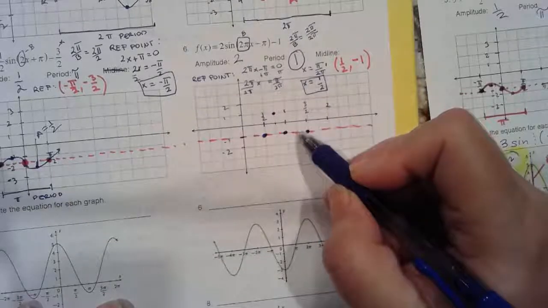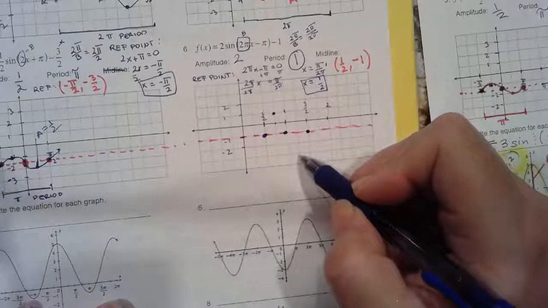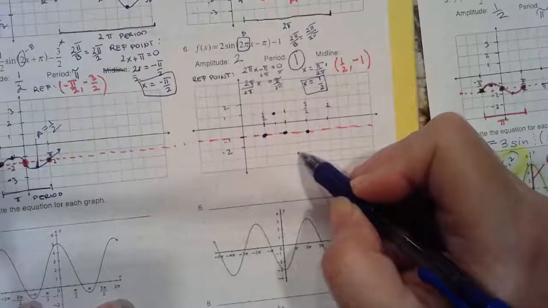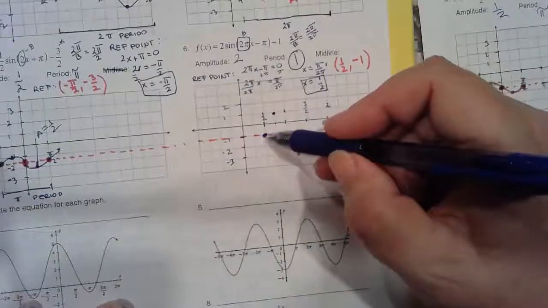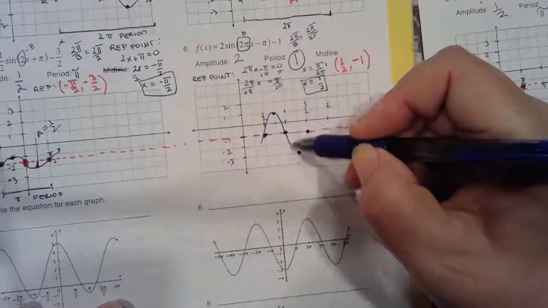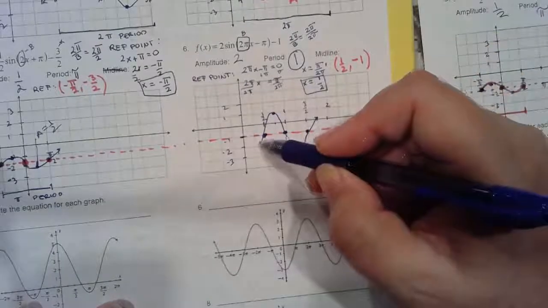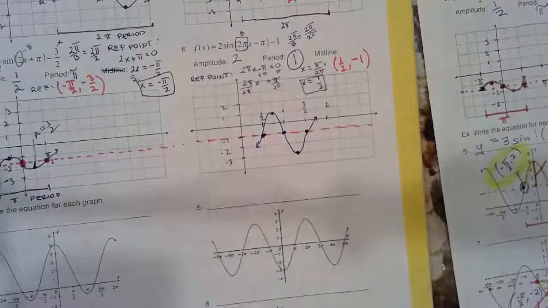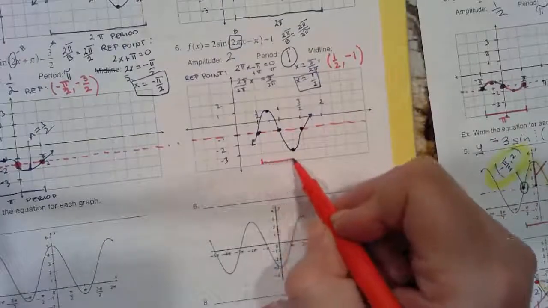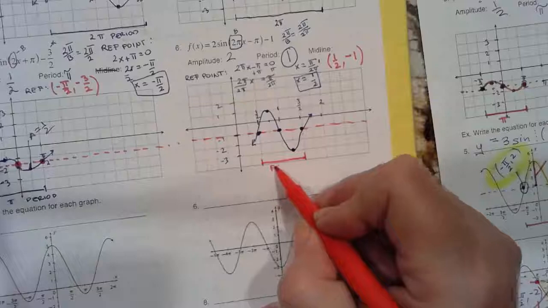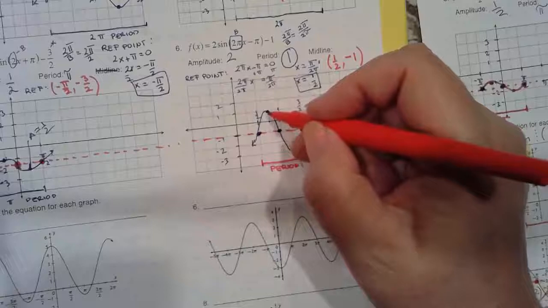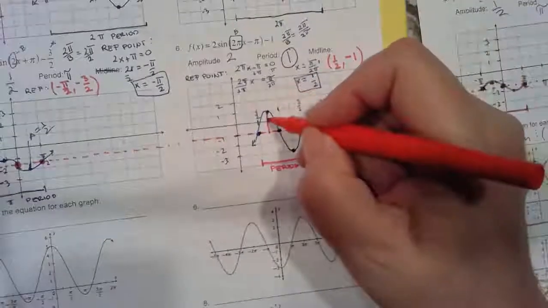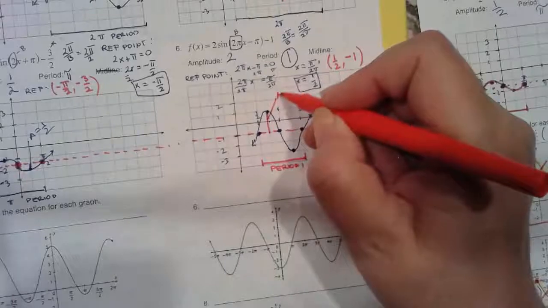And then halfway I go 1 and I go 2 from the midline. So you are at negative 3 here. So one more time, this goes up, curves, down, curves. It goes this way. So my period is 1/2 to 3/2. So the period is just 1. And my amplitude from here to here is 2.